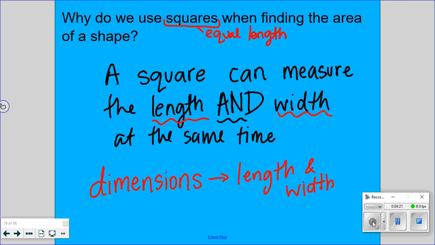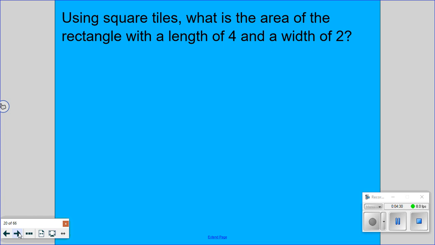All right, I'm going to be telling you the dimensions, and then you're going to tell me the area. Using our square tiles, create a rectangle, or what is the area of a rectangle, with a length of 4 and a width of 2. If you can build that, what is that going to look like?